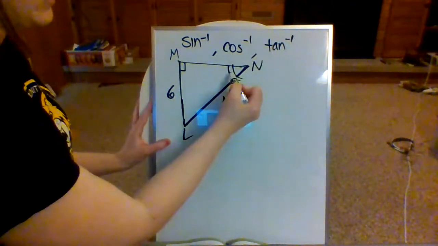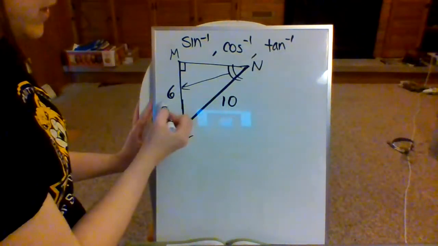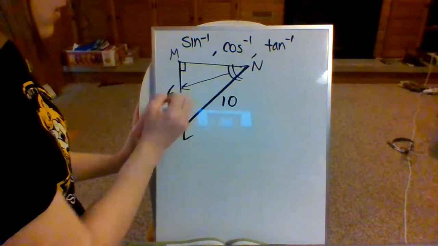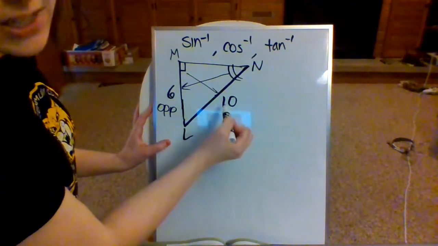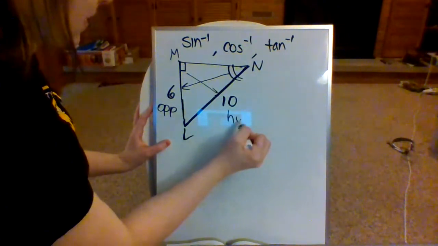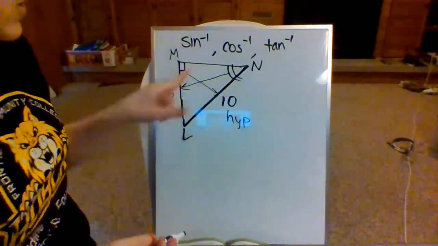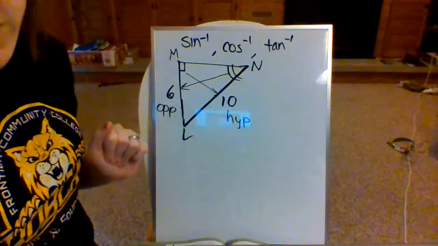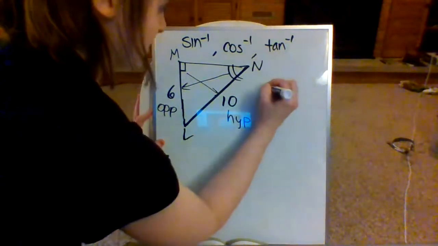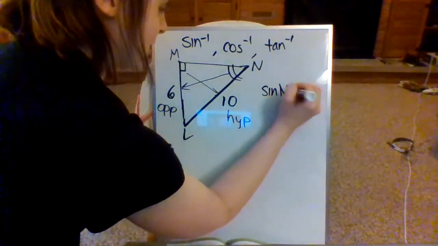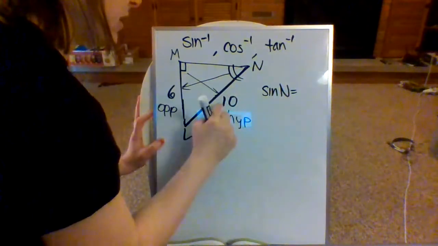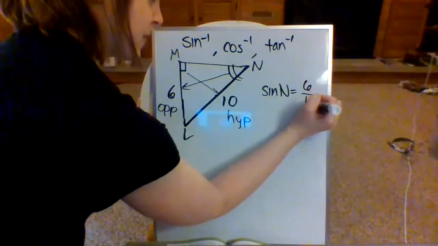So if you think about it, if you go straight out from that, this is the opposite side. And straight out from the 90 is the hypotenuse. Okay, so if you think about SOHCAHTOA again, we have opposite and hypotenuse, so that would be sine. So sine of N equals opposite 6 over hypotenuse 10.